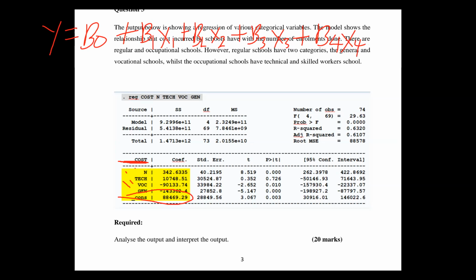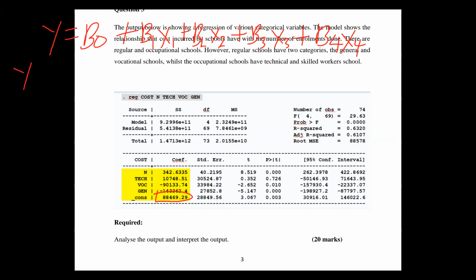They're just 4 independent variables. So the model is this one, and this one is the constant, the beta naught.